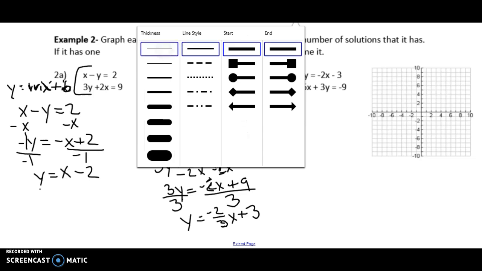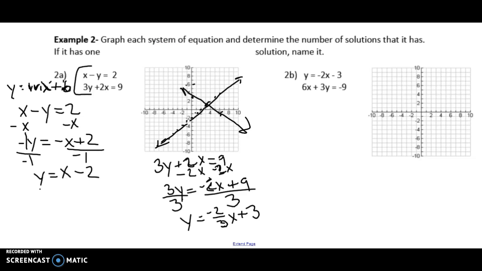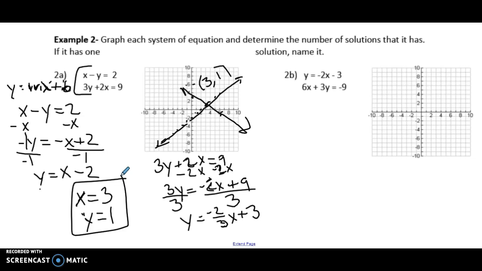You can always double check this by plugging it in to make sure you have a true statement. So my solution then, I'm going to write it down here, is x equals 3 and y equals 1. The point where they cross is 3, 1, so my solution is x equals 3 and y equals 1.